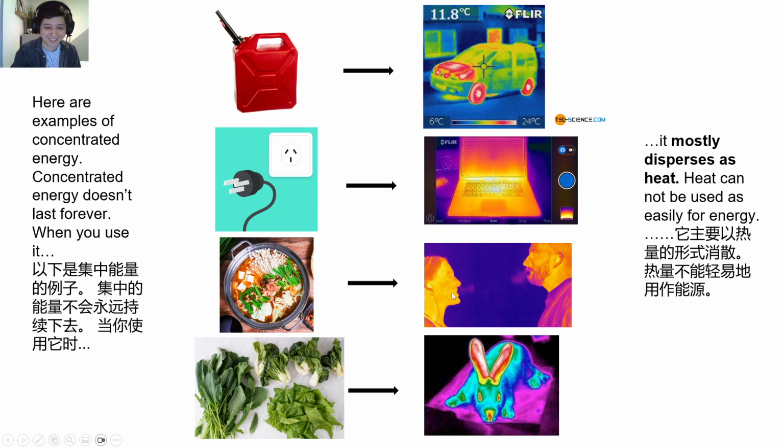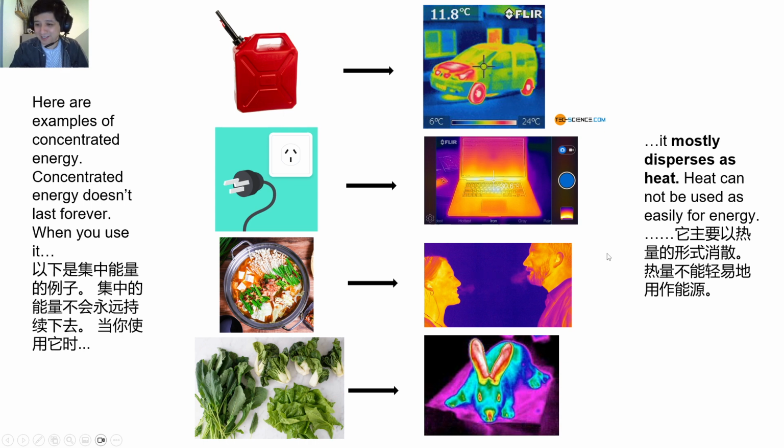That's the reason. Same thing with animals, in this case a rabbit. They eat plants, they use it, and you see where the heat is escaping? It's escaping through the ears. They have fur, so it's more insulated, which keeps the heat in. It's trying to keep the heat in, but it escapes through the ears, the nose, the eyes.